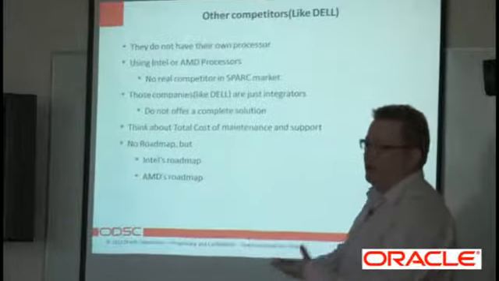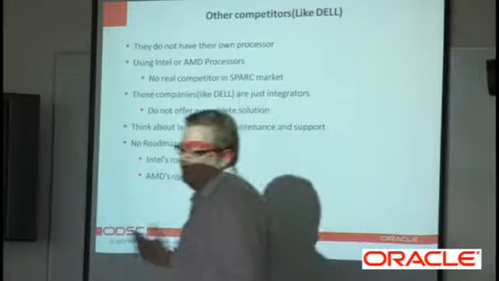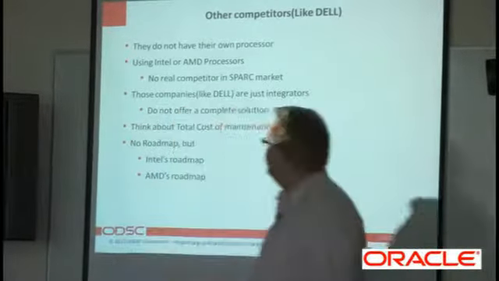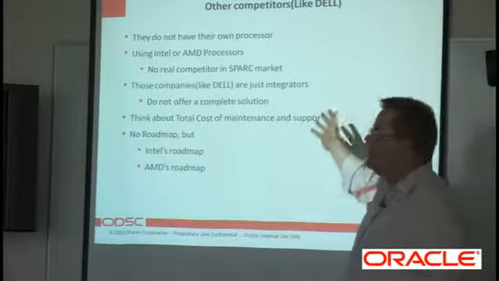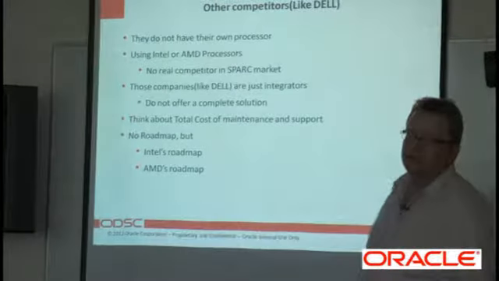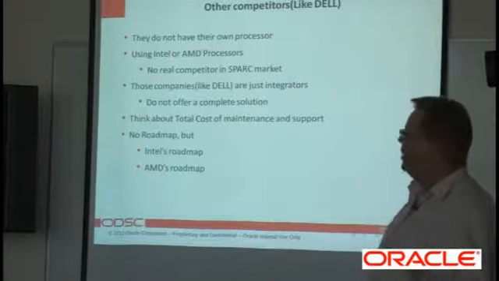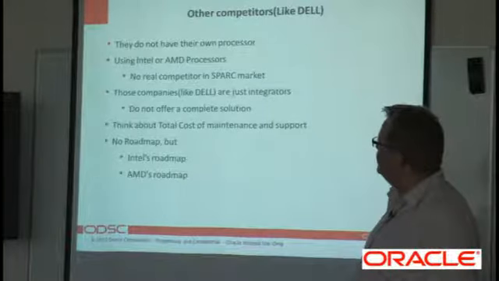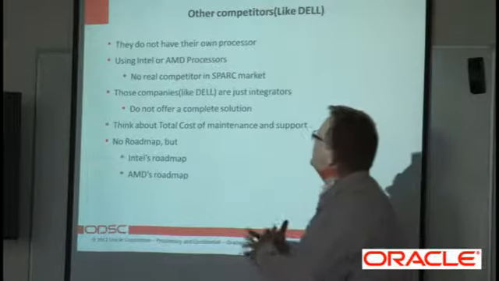Let's talk about other x86 competitors: Dell, Cisco, Hewlett-Packard, whatever. Dell and Cisco, for instance, don't have their own processor. We have our processor. We'll go into it when we do the T5. They're using obviously Intel and AMD. They're not really competitors in our market. These are just system integrators.